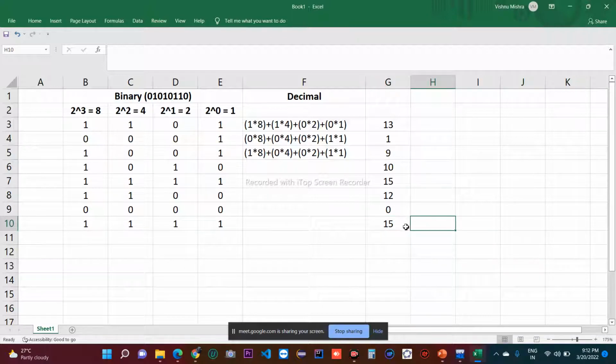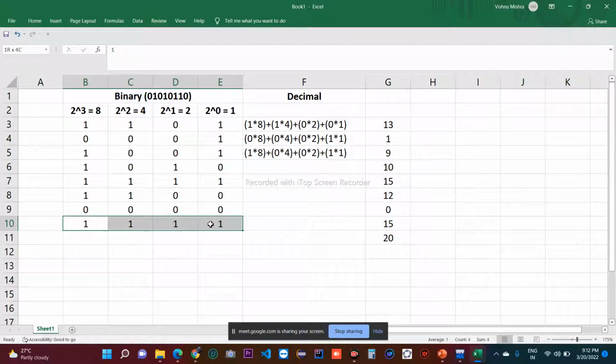So let's say we want to print a number more than 15, for example 20. How will we print it now?